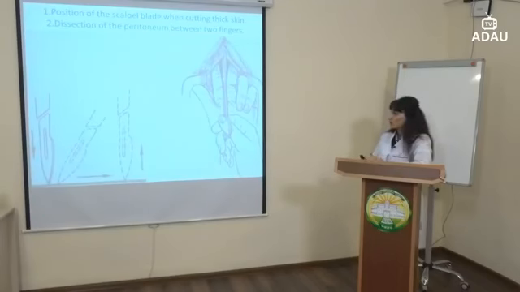The first is a very significant moment here: the position of the scalpel blade when cutting thin skin. And the second, the section of the peritoneum between two fingers. In the first picture, we see how we should hold the scalpel when cutting: first vertically, the second horizontal, and the third vertical.